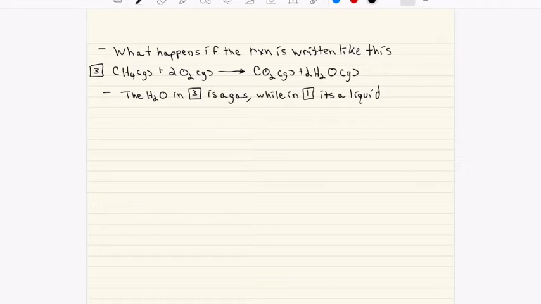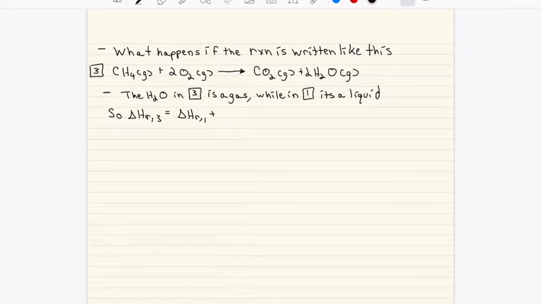And so the relationship between the enthalpy of reaction for reaction 3 and delta HR1 is that delta HR3 has to account for the energy that needs to be put into the system in order to turn the water from a liquid into a gas.